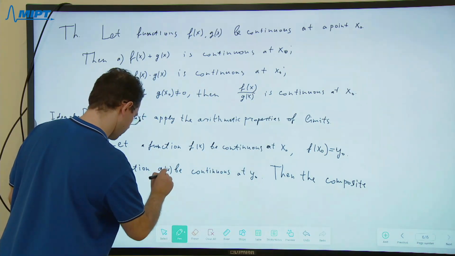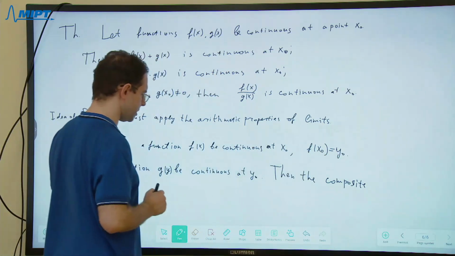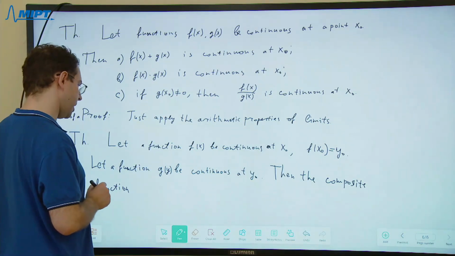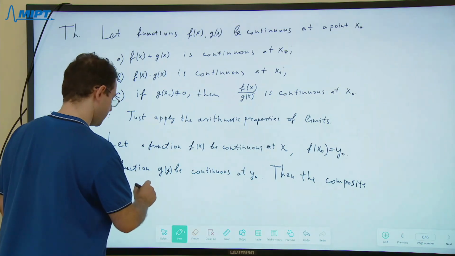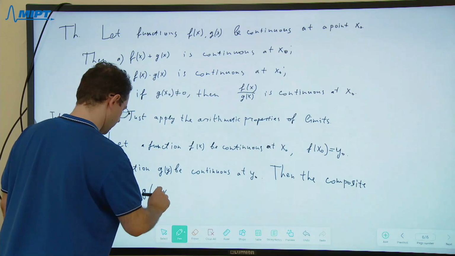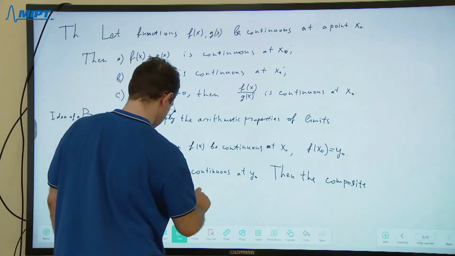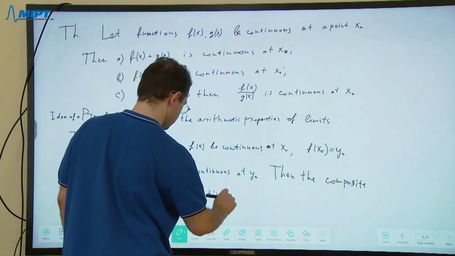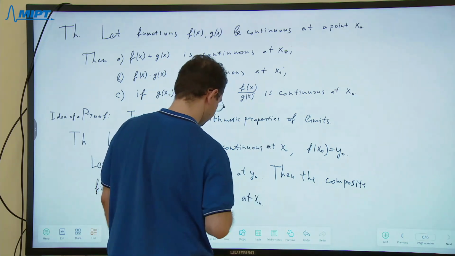Since it attains value of y0, let's call it g of y. It does not really matter, of course. Then the composite function g of f of x is continuous at x0.